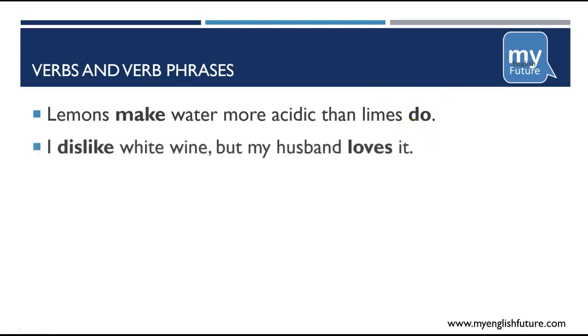I dislike white wine, but my husband loves it. The focus is on the verb about liking or loving or not liking. So dislike and then loves have the same structure.